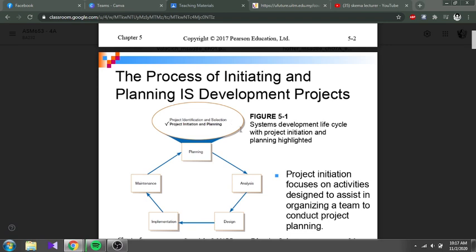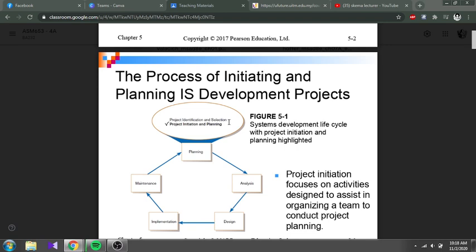If you remember from the last video, this activity does not deal with a specific project, but rather identifies the portfolio of projects to be undertaken by the organization. Thus, project identification and selection is often thought of as a pre-project in this SDLC. This recognition of a potential project may come as part of the larger planning process and information system planning, or from requests from managers or business units.